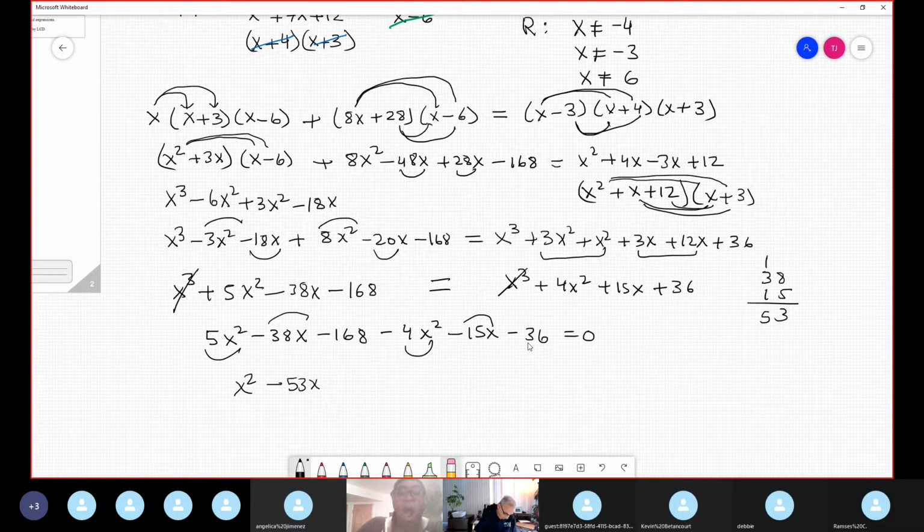And 168 plus 36 is 204. So minus 204, no? 204 was a combination of 168 and 36. 14, carry that 1. This is 10, carry that 1. Minus 204 equal to 0.